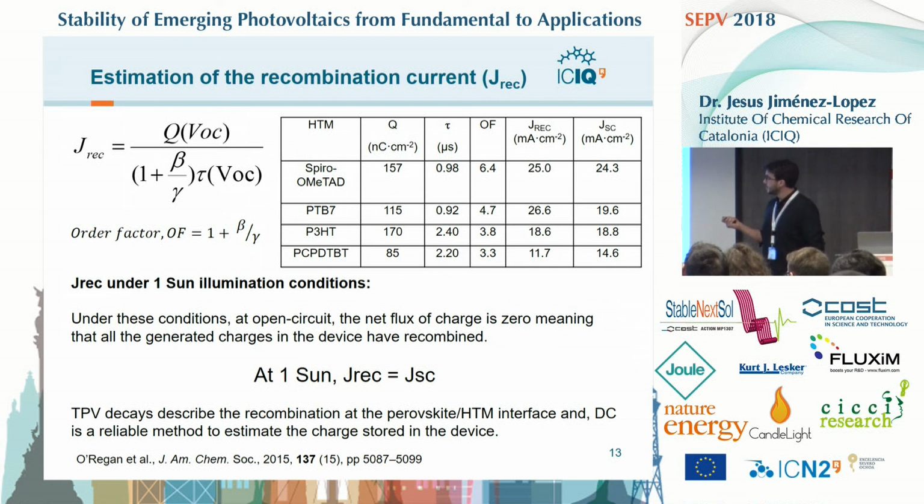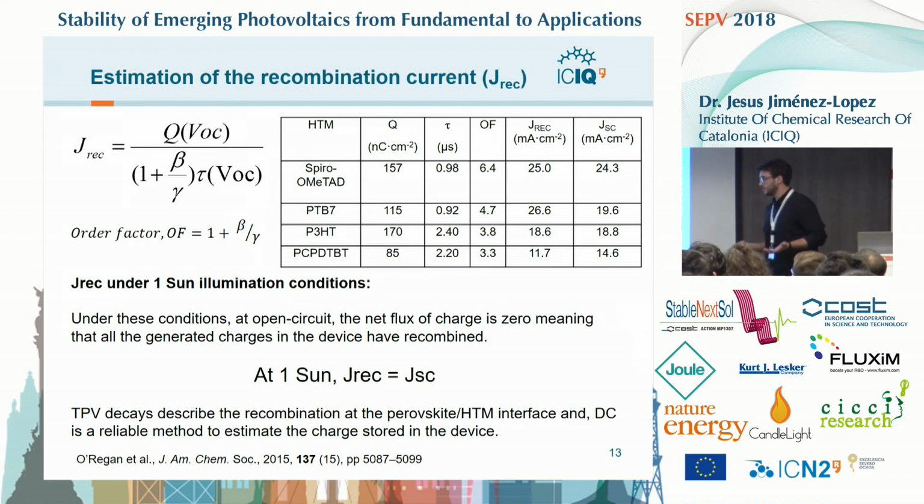Finally, it is multiplied by the lifetime at one sun taken from the TPV. With these results, we obtain very accurate recombination currents compared with our JSCs.